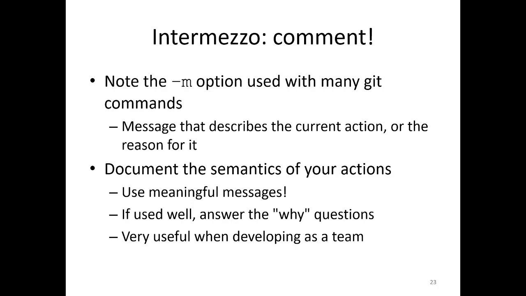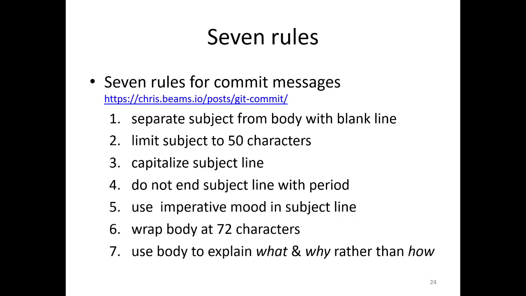And that documents the semantics of your actions. So please use meaningful commit messages because they're very informative, and those will answer the why questions. Why was something changed? They're very useful when developing as a team because you can actually follow the thought process of your colleagues and see why they did certain things they did in the repository.